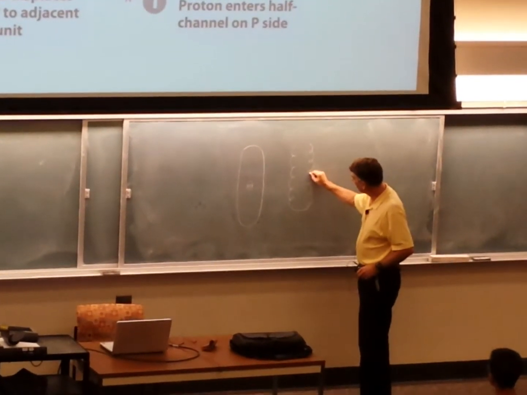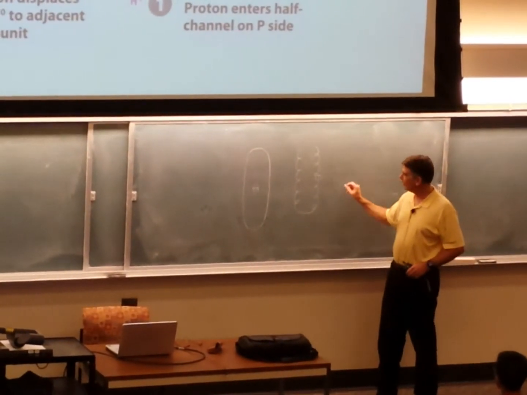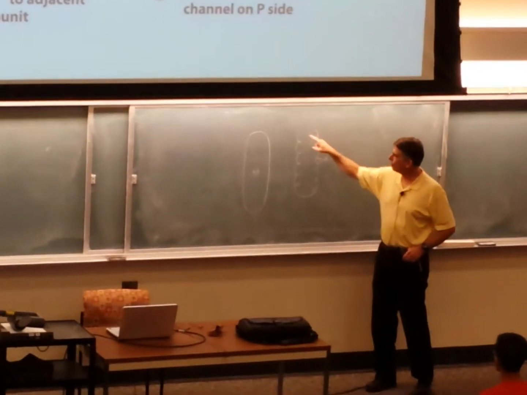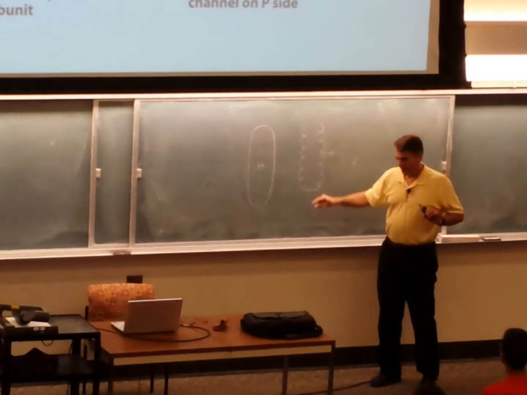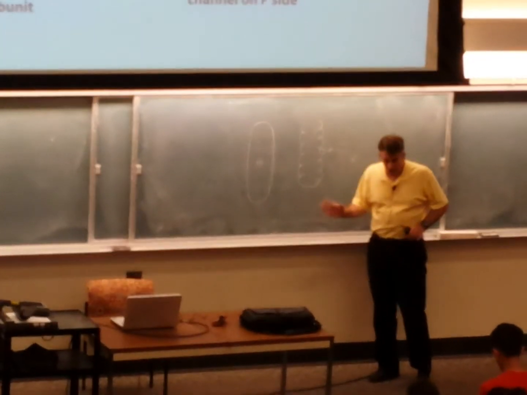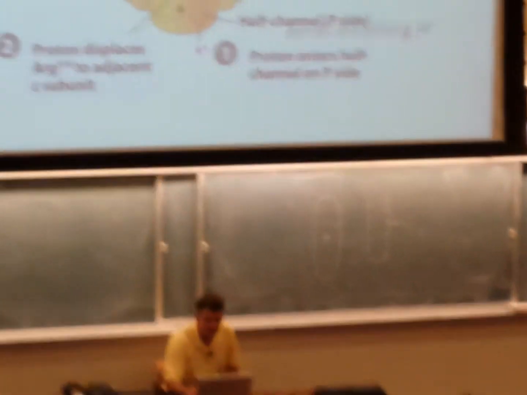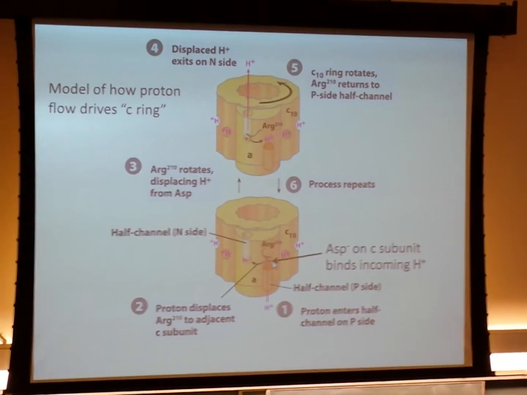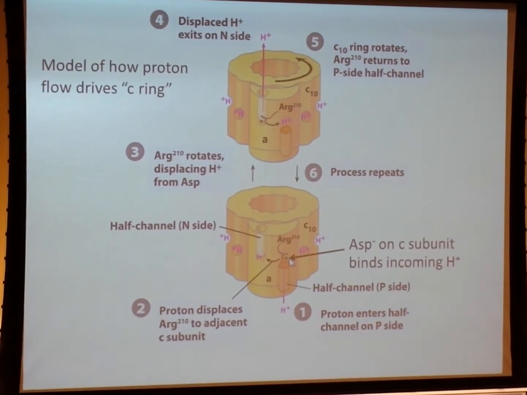And so right here is where this aspartic acid is, and when a proton comes in and binds, it causes a huge rotation of one helix to the other. I mention this just to say that it's complicated. But the point is, this aspartic acid comes in, and now it's going to carry the proton around the merry-go-round, the rotor.